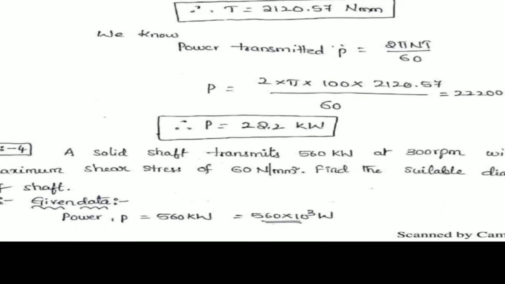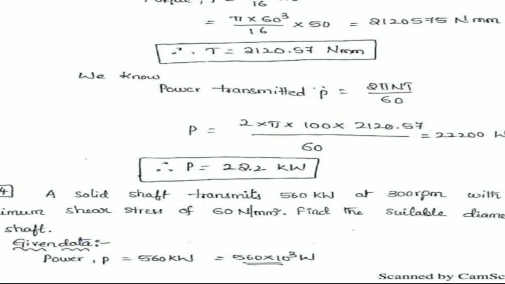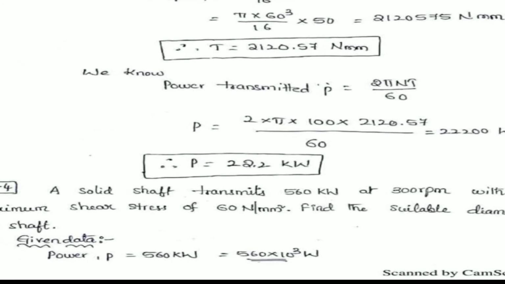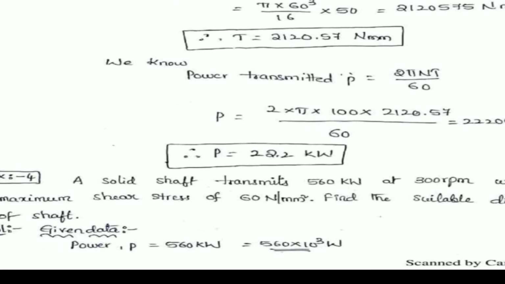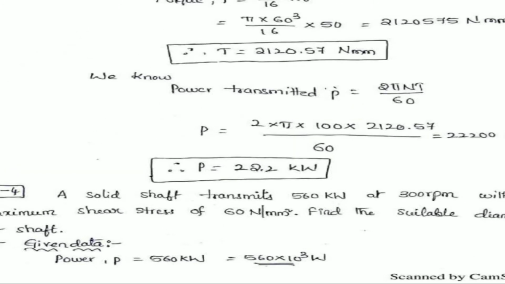Next, the fourth problem: a solid shaft to transmit 560 kilowatts at 300 rpm with a maximum shear stress of 60 Newton per mm square. Find the suitable diameter of the shaft. How to find out the diameter of the shaft?